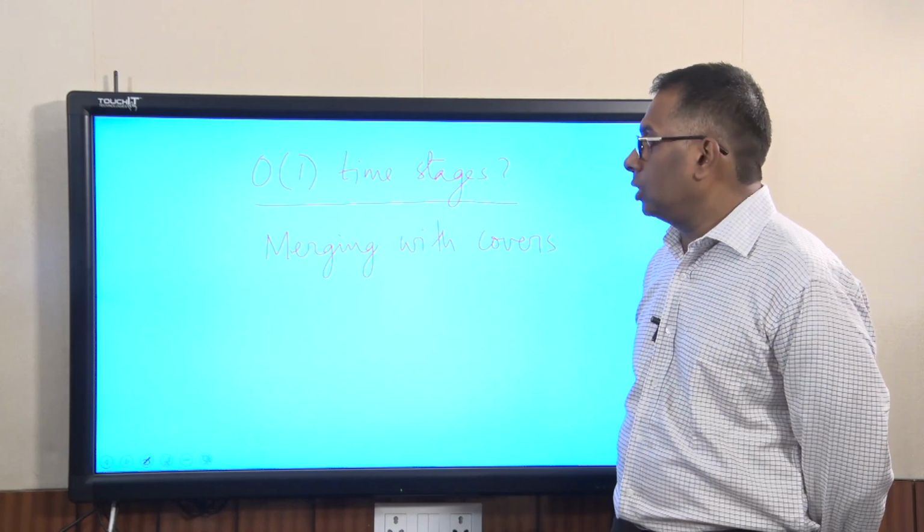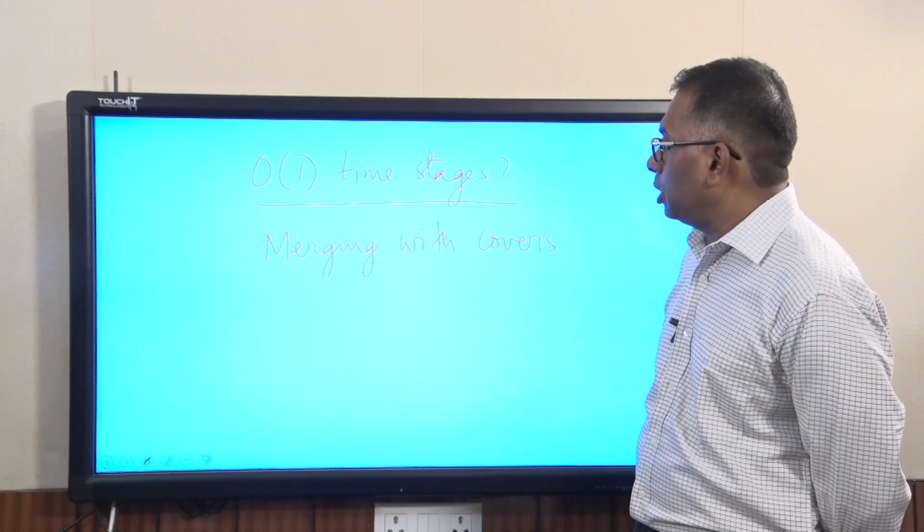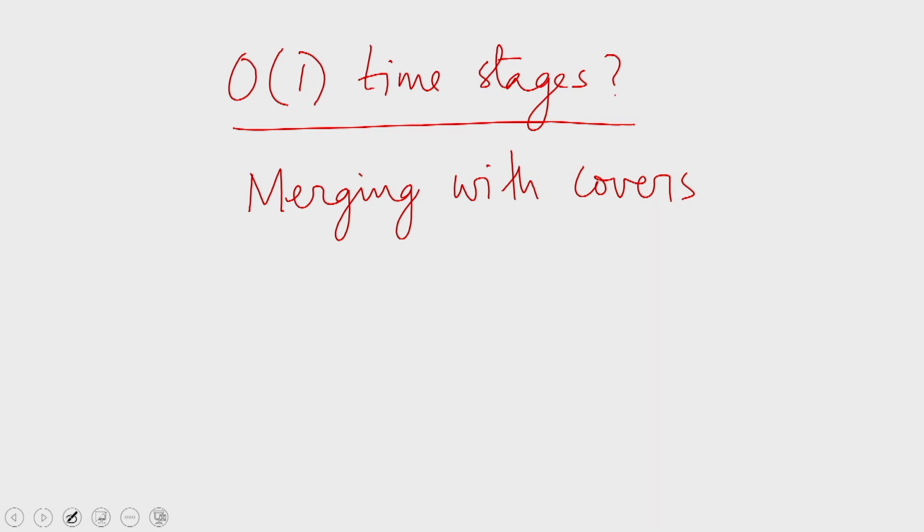That is the crux of the argument that establishes that a stage can be executed in order one time.